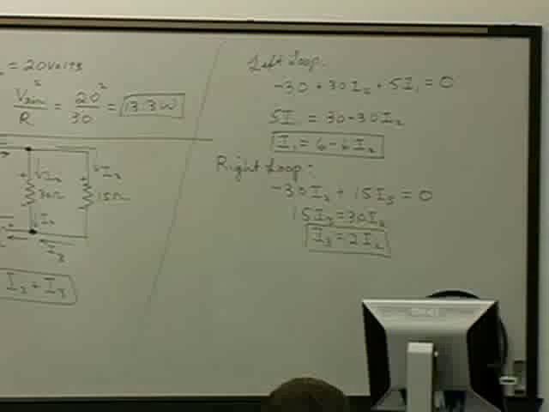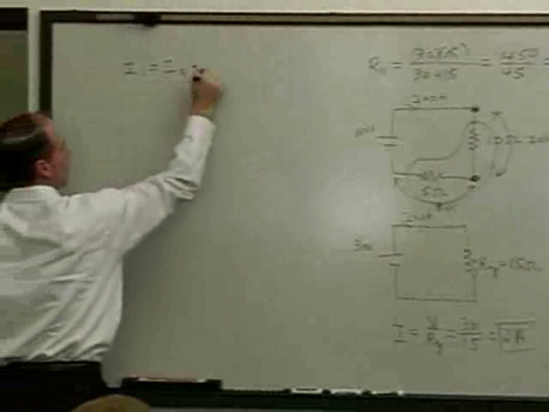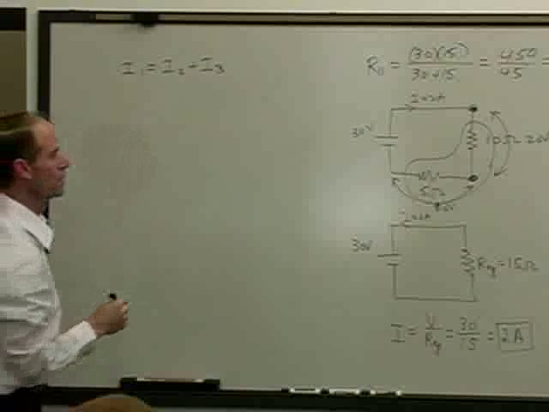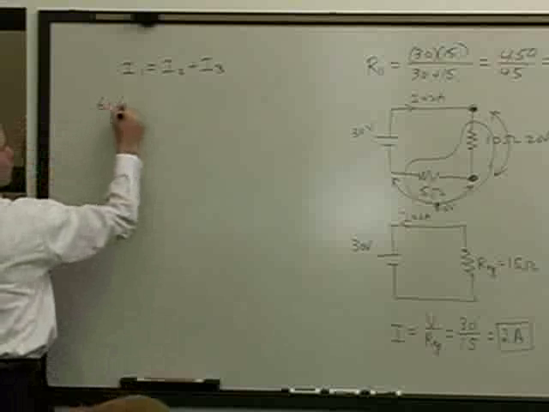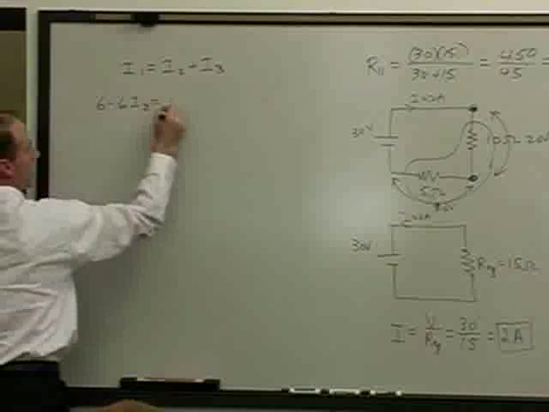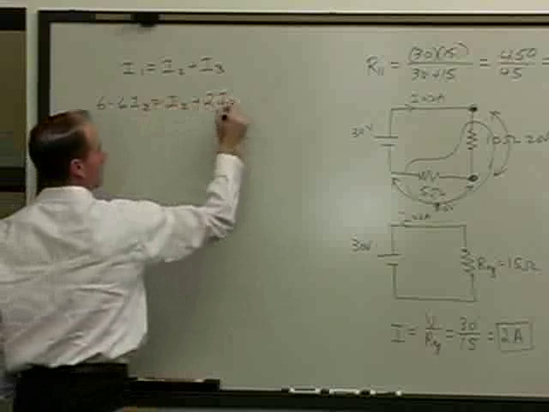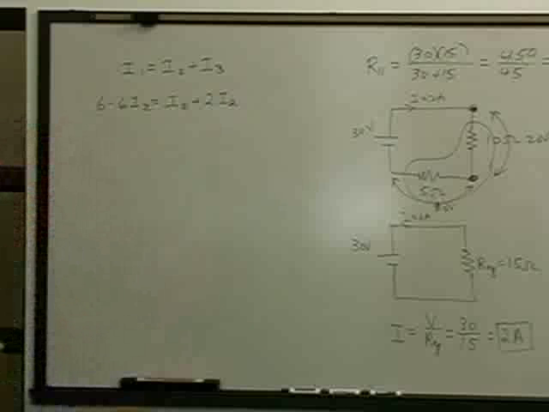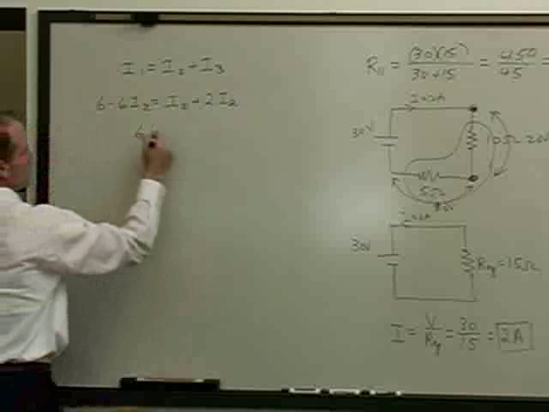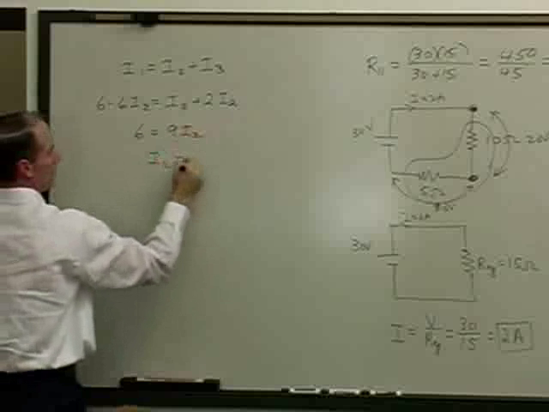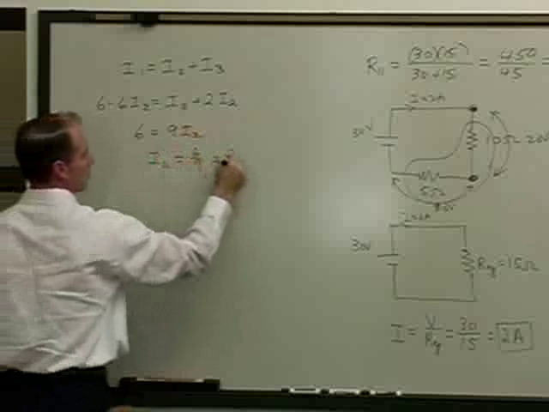Now we know that I1 is equal to I2 plus I3. So we have 6 minus 6 I2 is equal to I2 plus 2 I2. So we have 6 is equal to 9 I2. I2 is equal to 6 ninths, 2/3 amps.